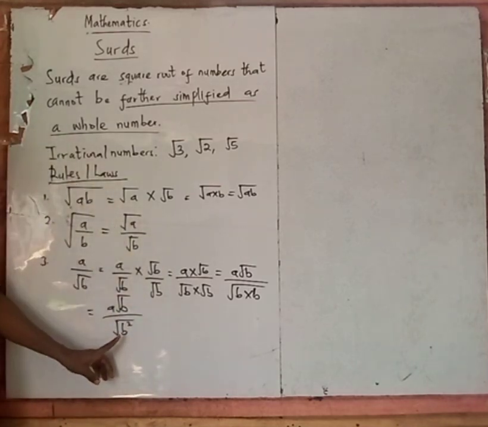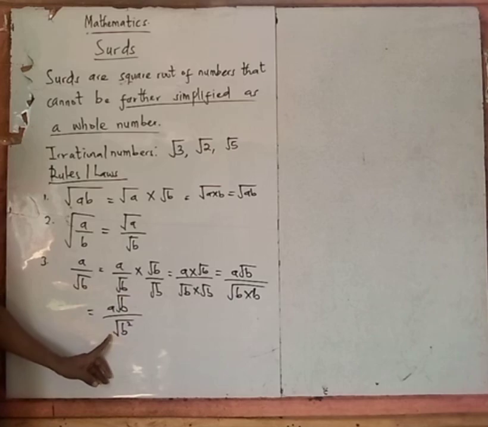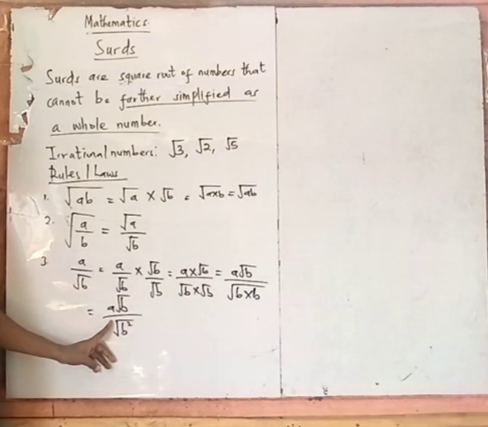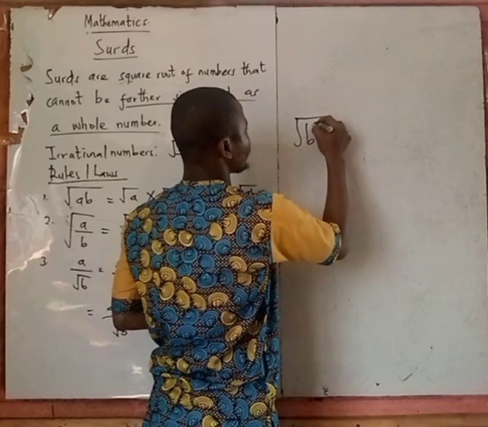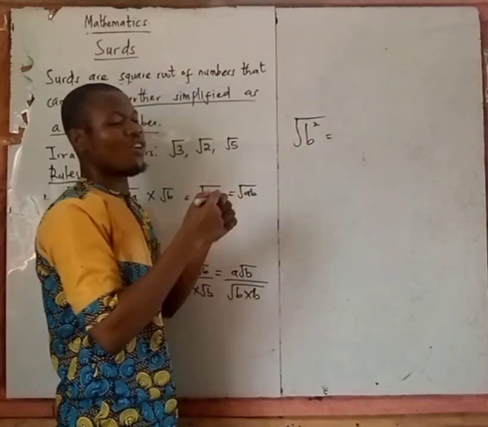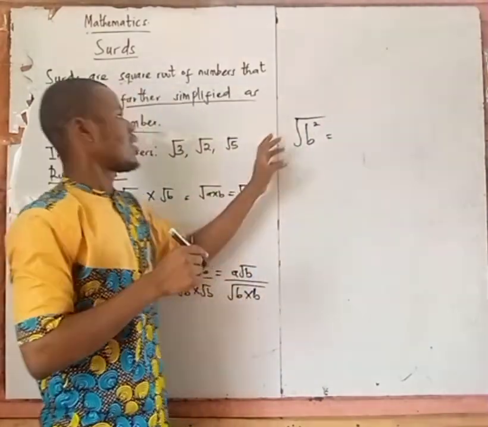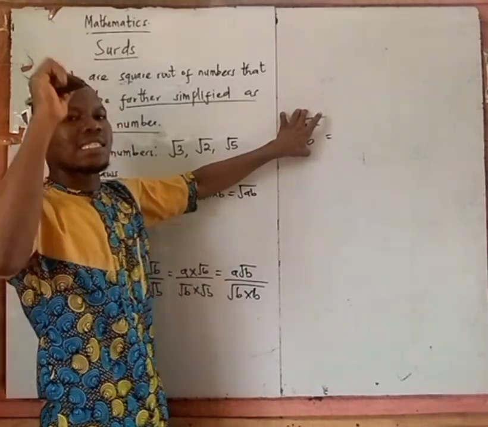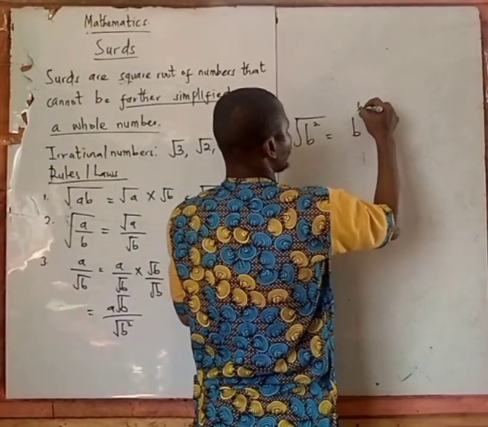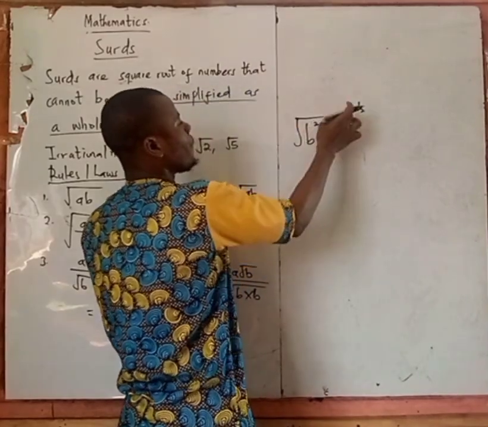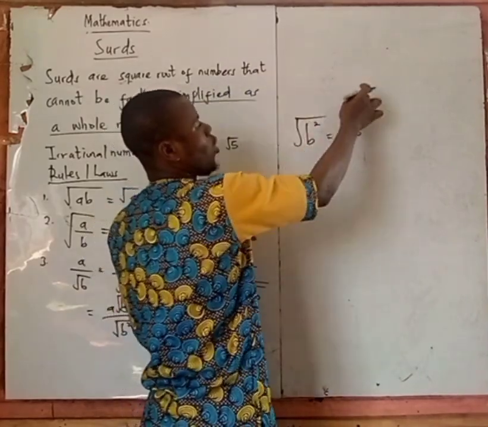So this is square, this is root. So square can cancel out roots. Why? If you have square root of B squared, according to the law of indices, this square root can be written as the power of 1 over 2. That is, B equals power 1 over 2. This square root here can be represented as 1 over 2.